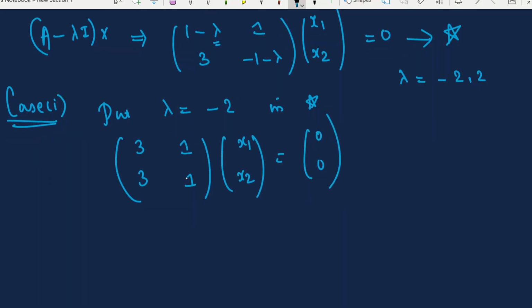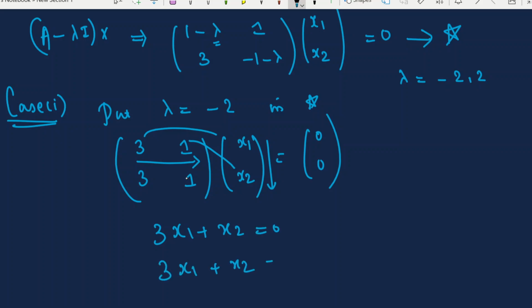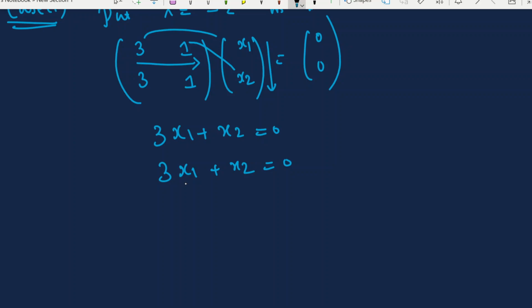Now make the product. How can we multiply these two matrices? Row and column. 3 times x1 plus 1 times x2, so 3x1 plus x2 is equal to 0, and again 3x1 plus x2 is equal to 0. Both the equations are the same equation, so consider any one equation. 3x1 equals minus x2.